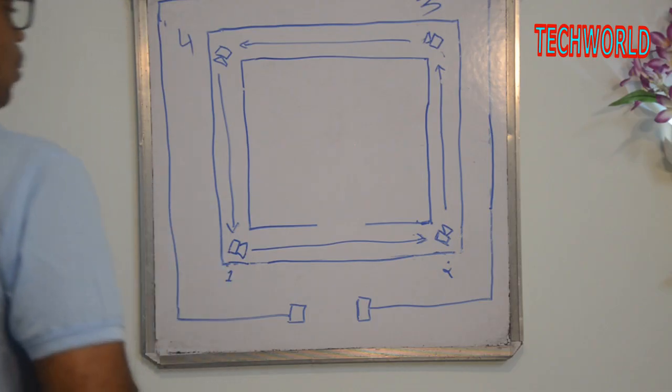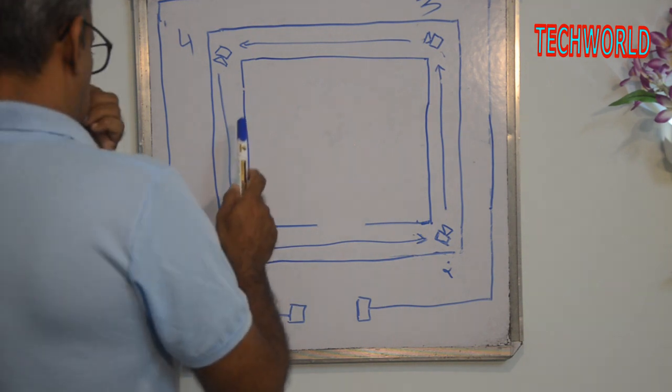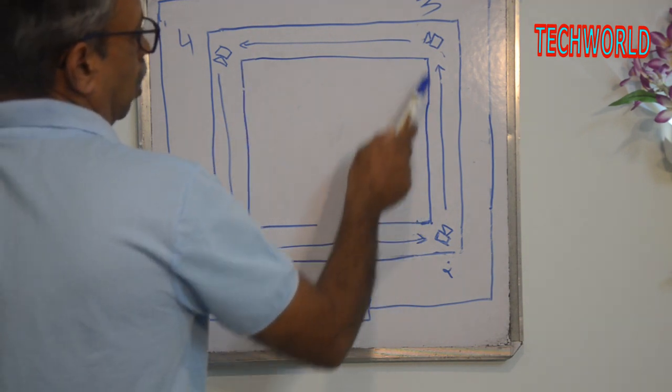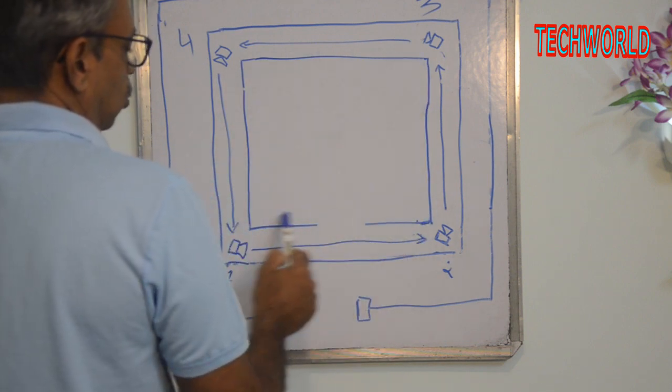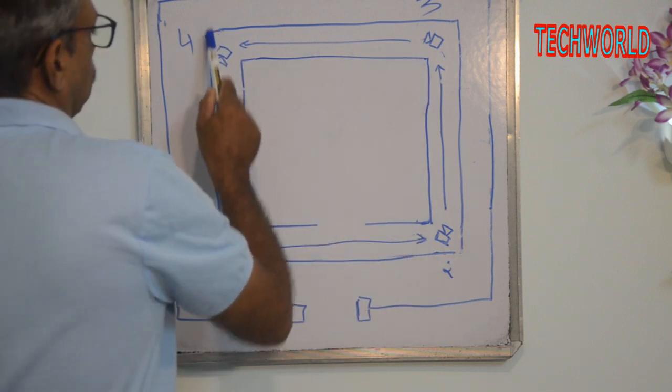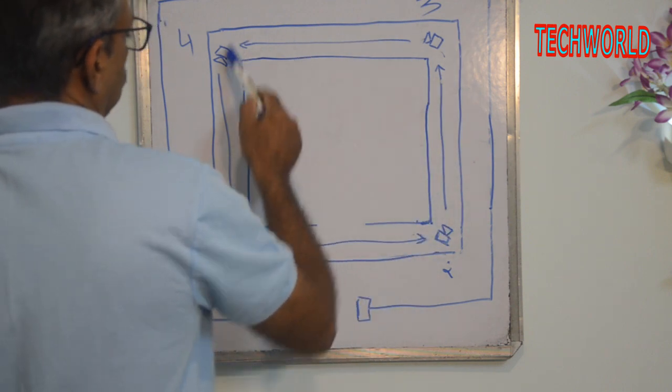Okay friends, I have just drawn a diagram over here, and this square represents the wall of a building which is in a square shape. That means the structure of the building is in a square shape, and this square represents the sunshade around the building.